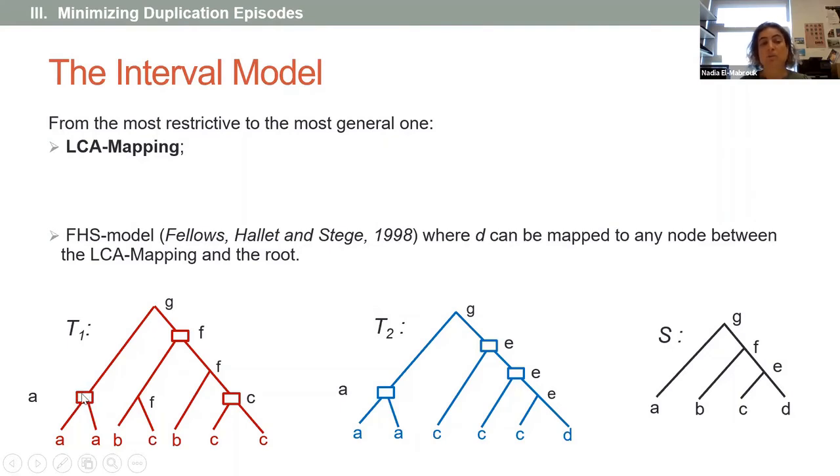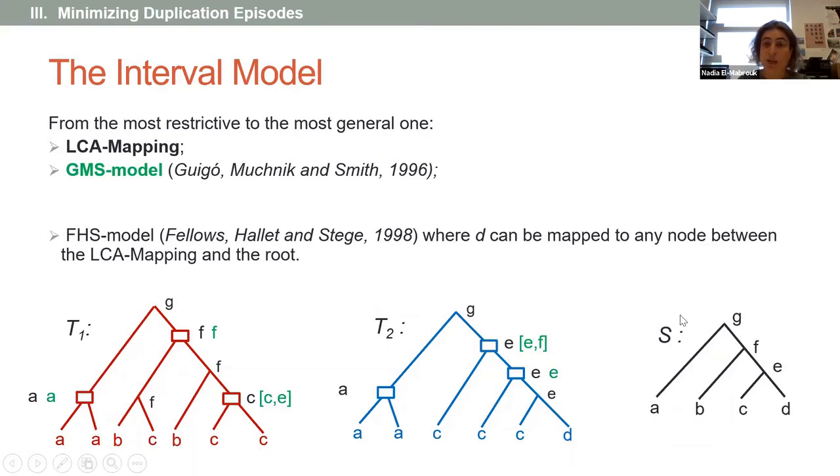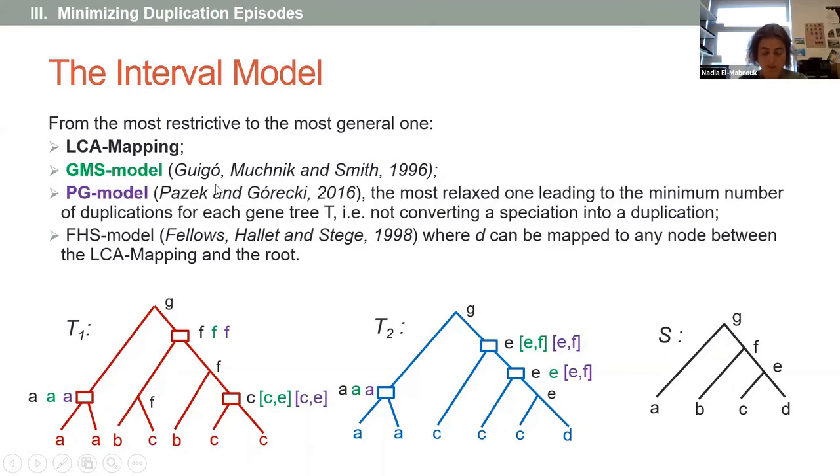So here, for example, this duplication here may have occurred in this branch A, or let's say here C. Okay, so the duplication could have occurred here, but also here and also here, etc. Okay, and between the two, we have the GMS model in green here, and the PG model in purple. So the PG model is the most relaxed one that does not convert a speciation into a duplication.